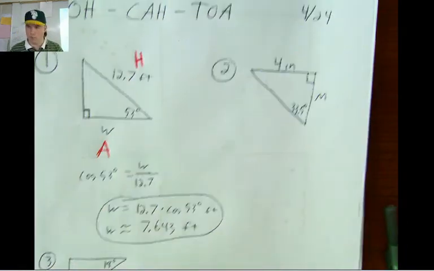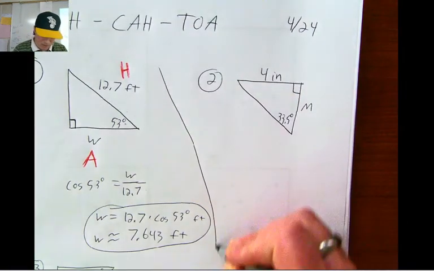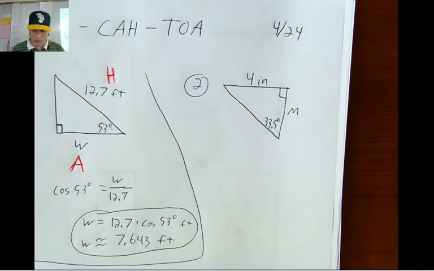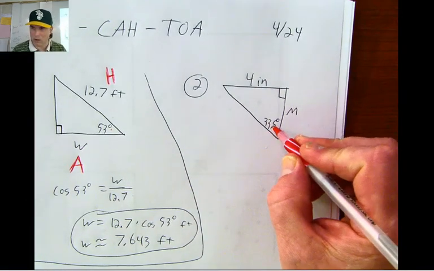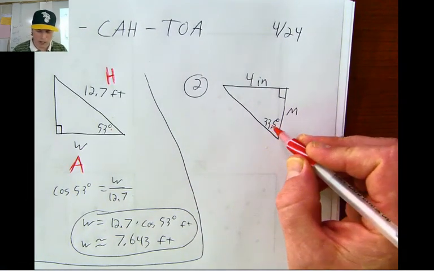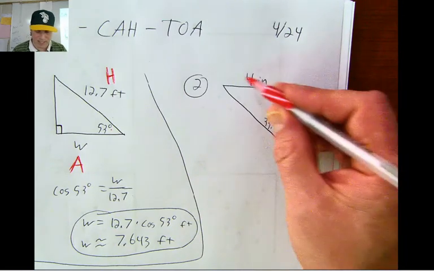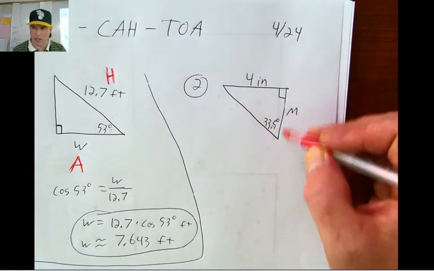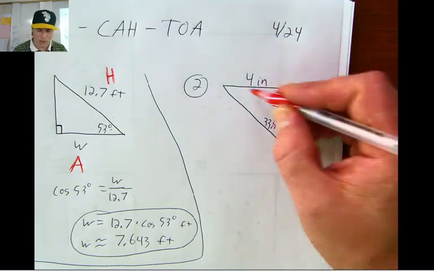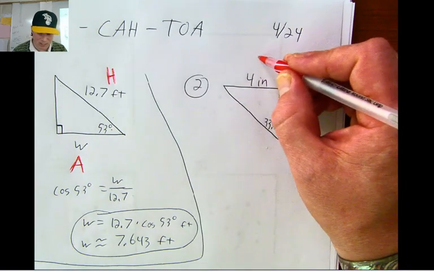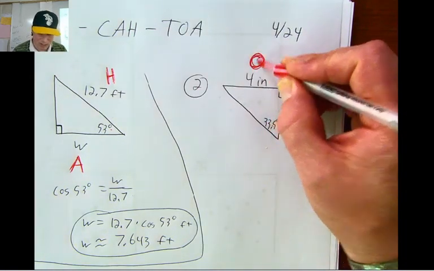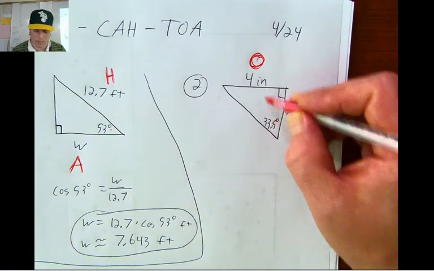All right, number 2. For this one, I have this angle here, and if I look at the sides I'm given, the 4 inches is the opposite, because it is opposite this angle.